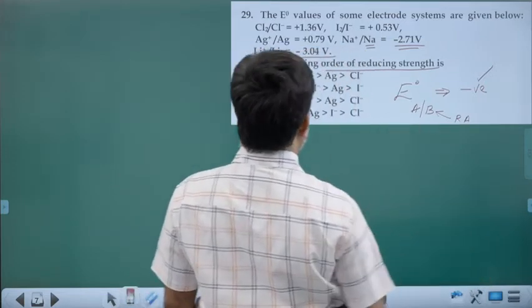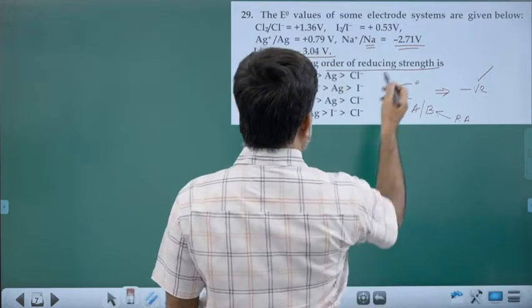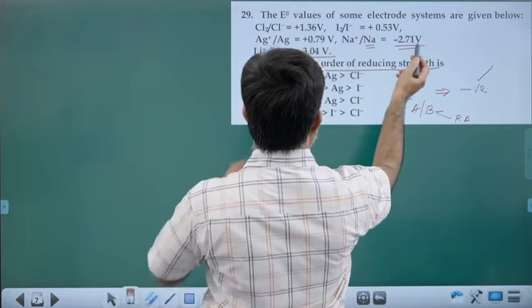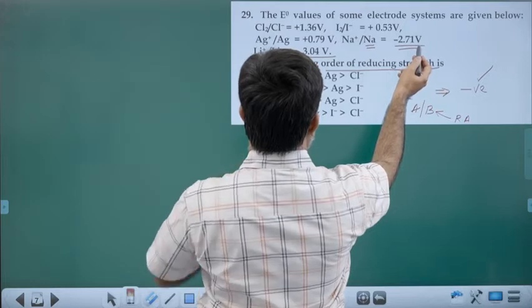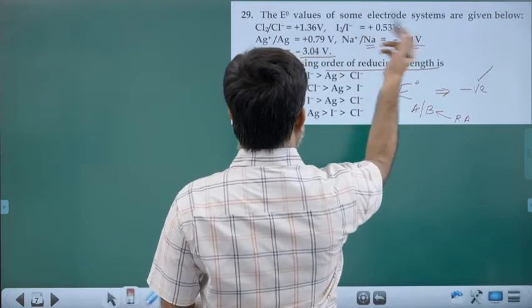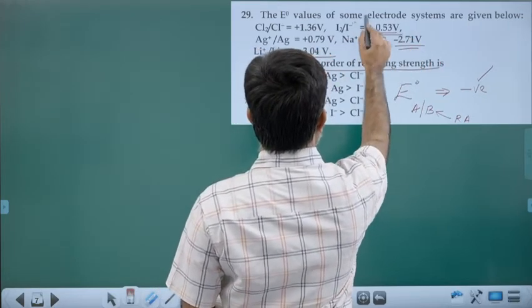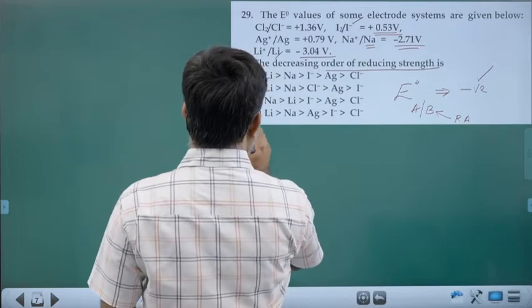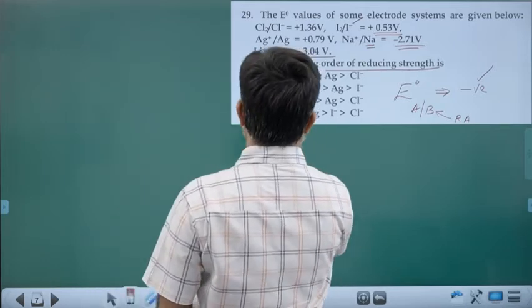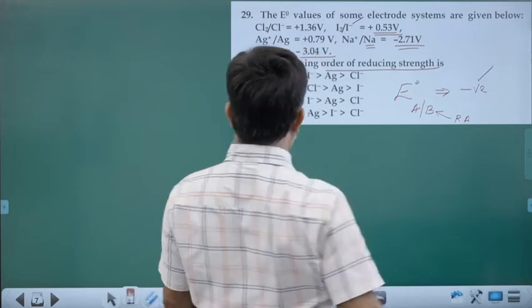Next. High negative means low value. So this is gone, which is the other low value? Now the rest are all positive. Take the low value, 0.79, 0.53. This is the next value, take I minus. So lithium, sodium, I minus; Ag is out, Cl minus is out. Option A is correct.